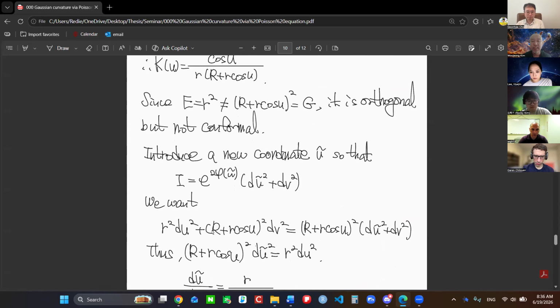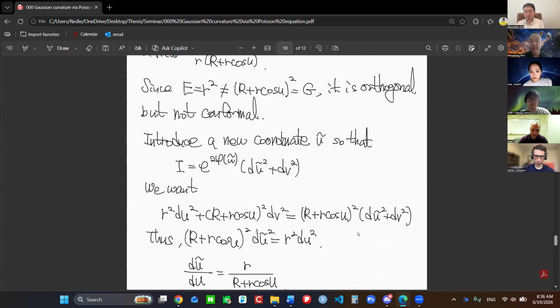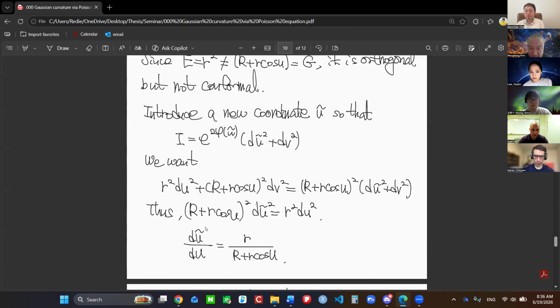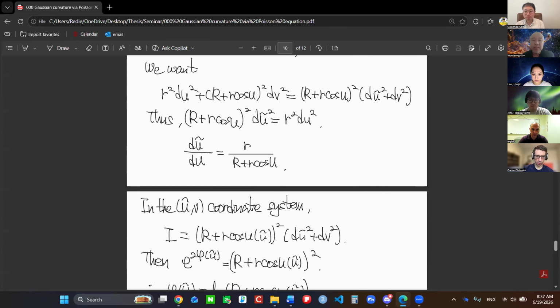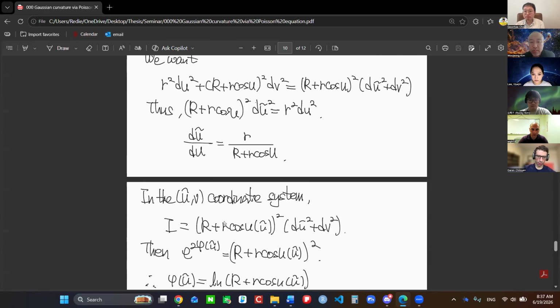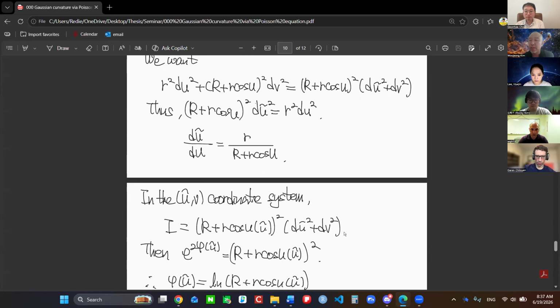We want this to be this way, so we can solve this equation. So du, R squared du squared and dv squared, so dv squared is just going to cancel. We have this result. In this new coordinate system, the metric is like this because it is conformal.